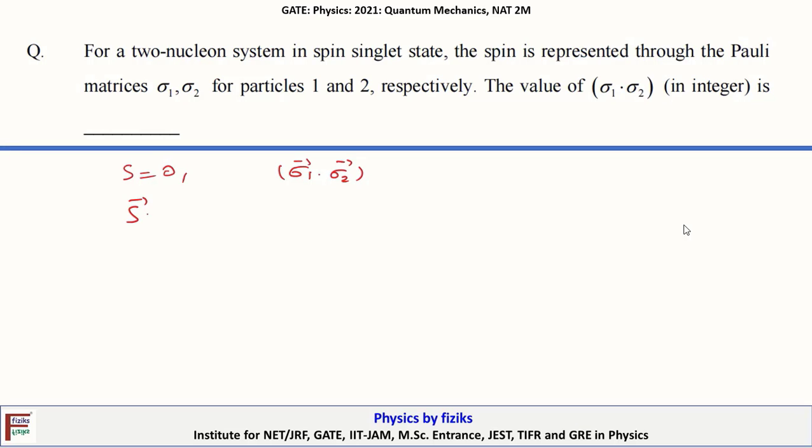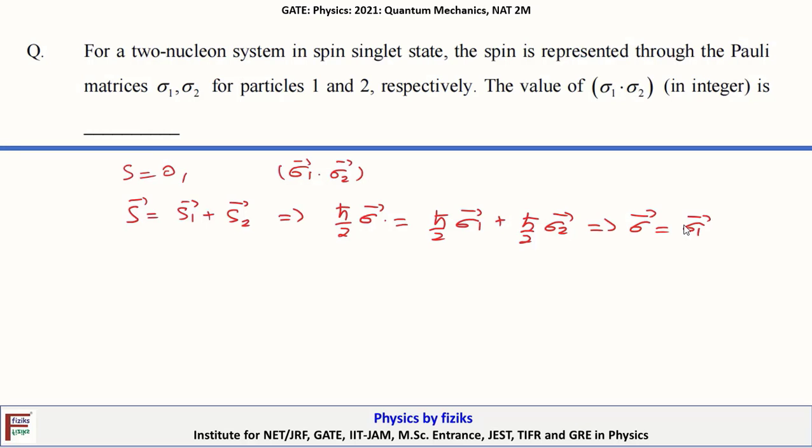In general, S can be represented for 2 particles like S equals S1 plus S2. Now it can be written as sigma into ħ/2 sigma 1 plus ħ/2 sigma 2, which implies sigma equals sigma 1 plus sigma 2.